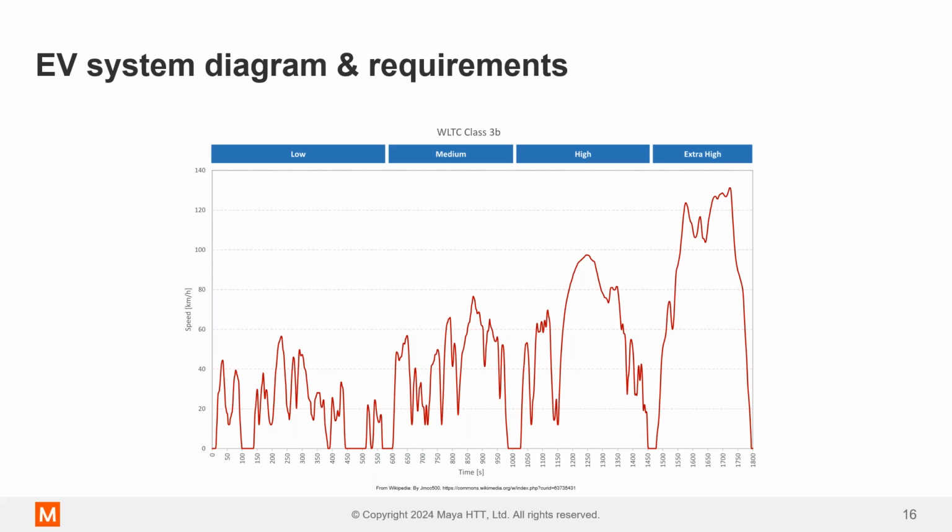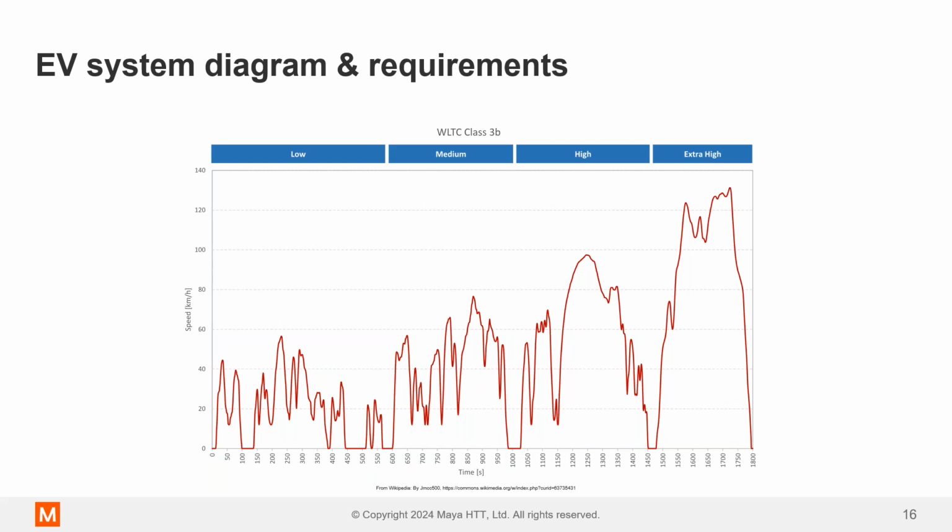So that would simulate, say, in traffic or in a very tight city environment at low speed, medium speed, driving on larger roads, but still intra-city, intercity, where we're getting to high speed, we're maybe going on major roads, touching on highways, and extra high speeds just when maybe you need to overtake that Sunday driver in front of you on the highway.